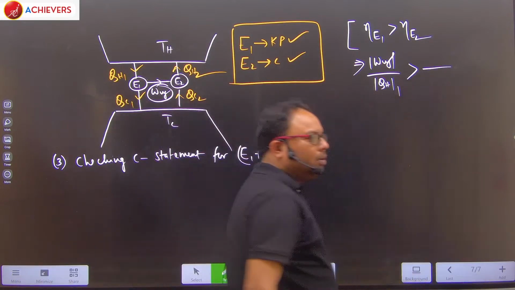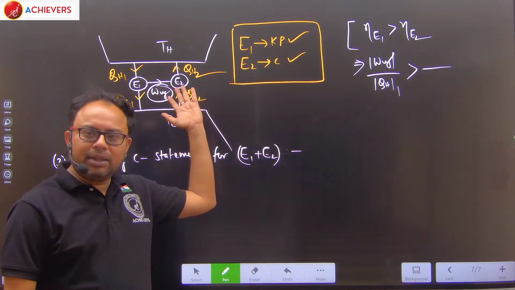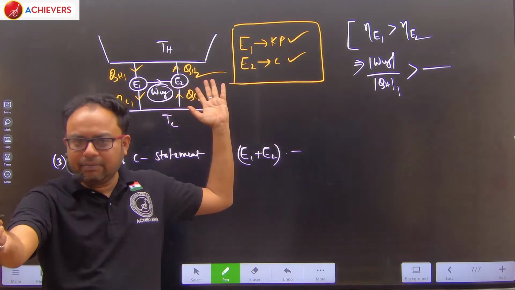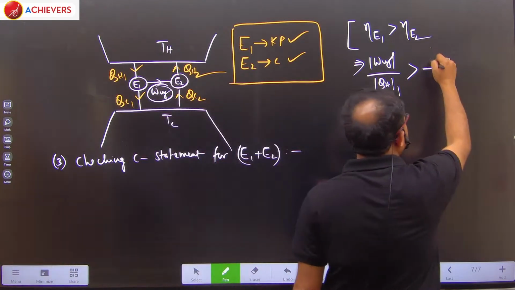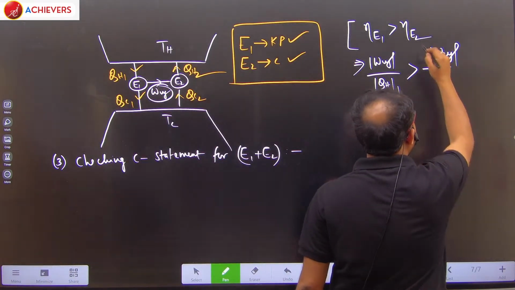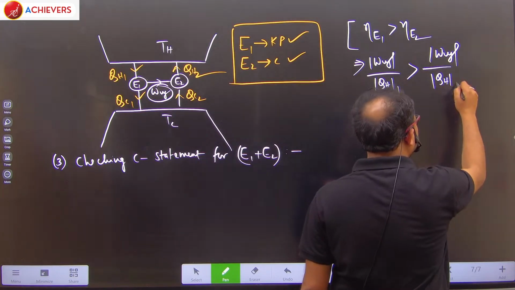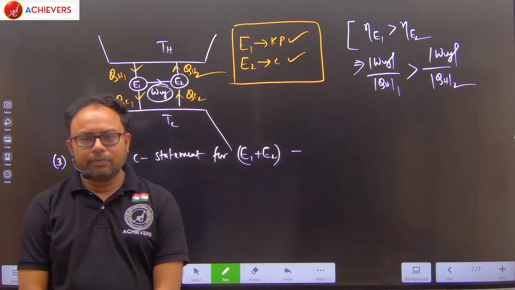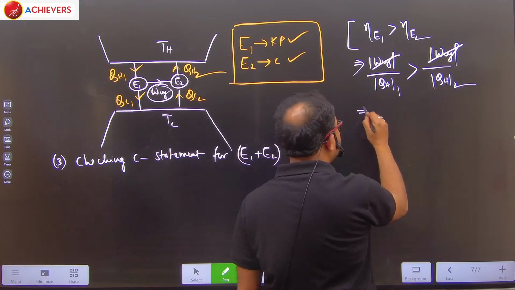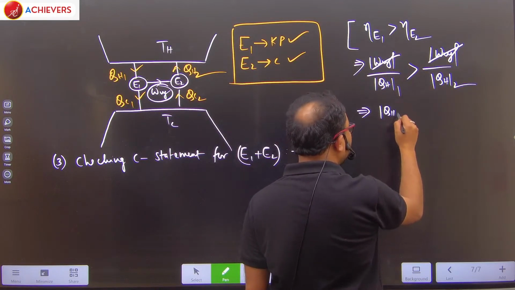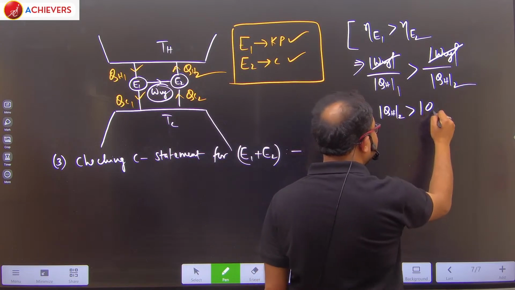For E2, mod W cyclic is all the same as that of E1, and this is mod QH2. Now students, these two terms will get cancelled out. So mod QH2 has to be greater than mod QH1.